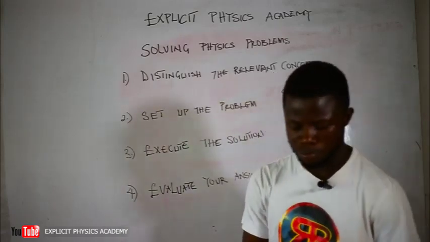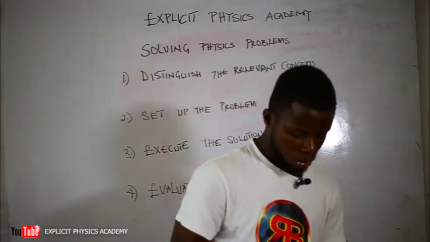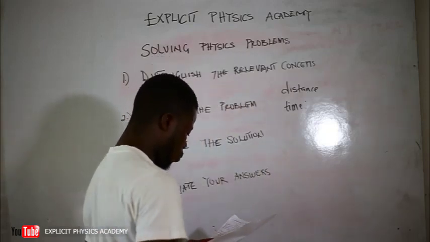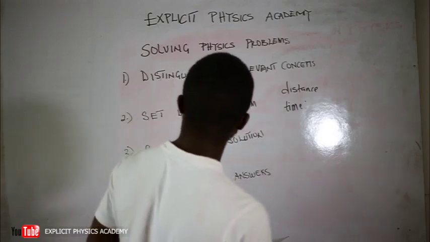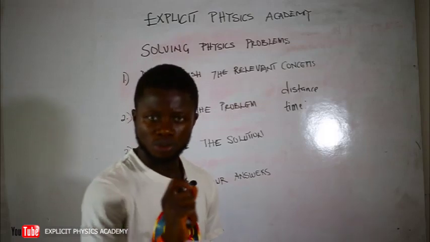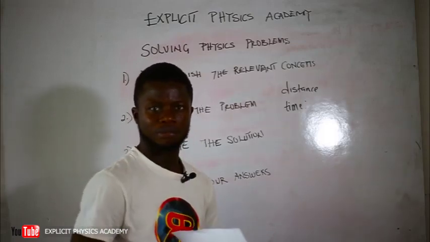Set up the problem. So after identifying the problem, the second step is to set up the problem. And in setting up the problem, it entails bringing up the necessary equations that suit the quantities you have taken down.